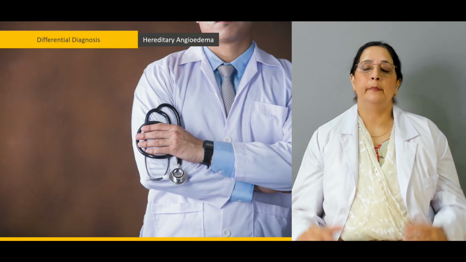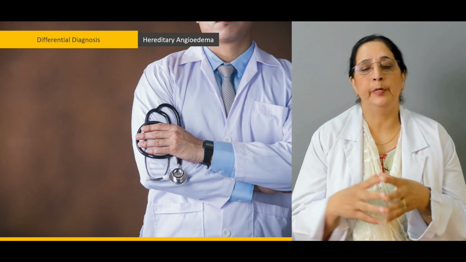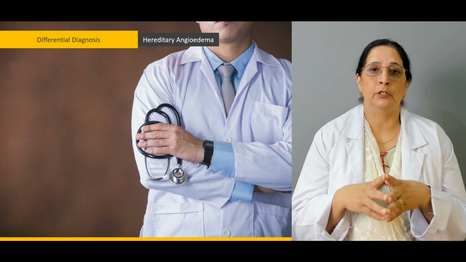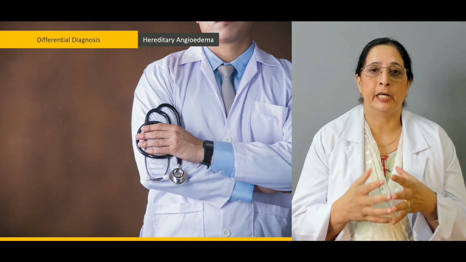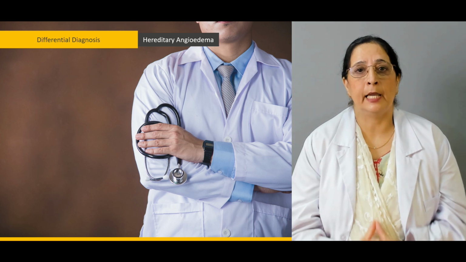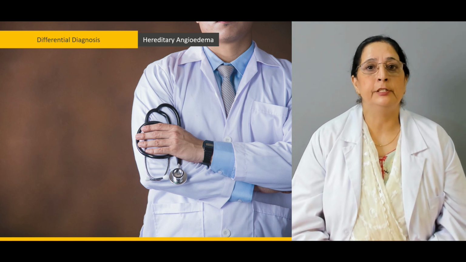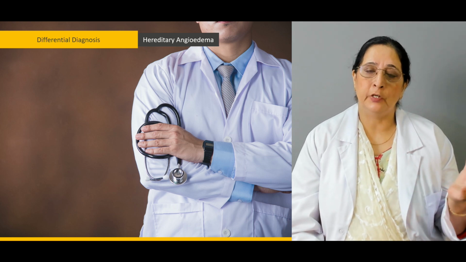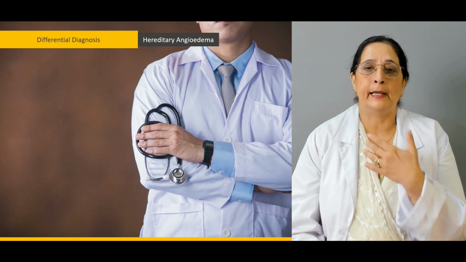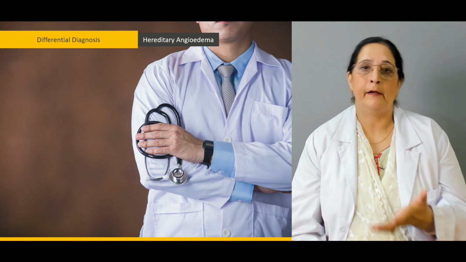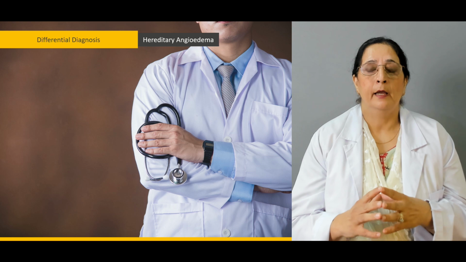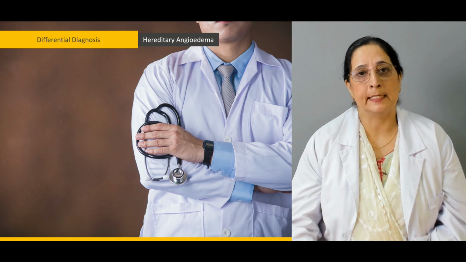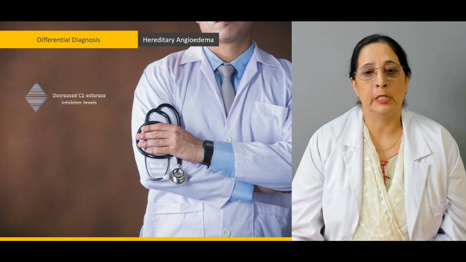Next, what are some conditions which need to be differentiated from anaphylactic reaction or allergic reaction? The first differential diagnosis is hereditary angioedema. We talked about angioedema as a result of anaphylaxis. This is hereditary angioedema, and there is no involvement of anaphylaxis in hereditary angioedema.